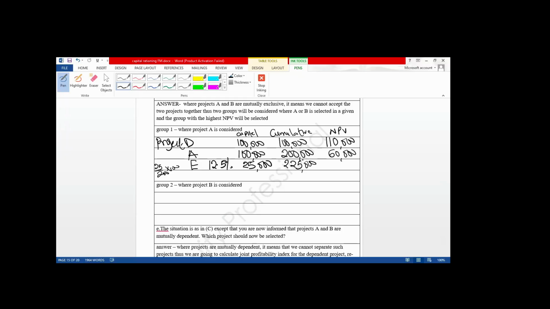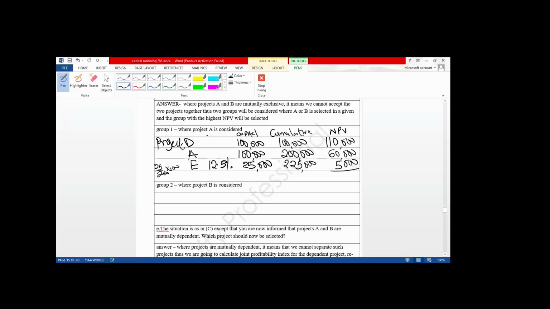Please compute 12.5%. What do we have? 5,000.